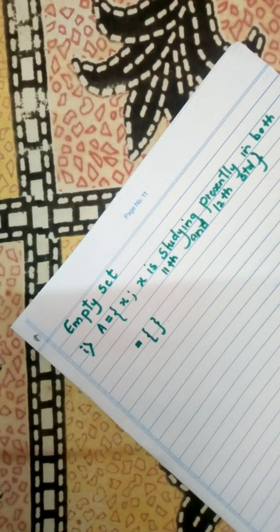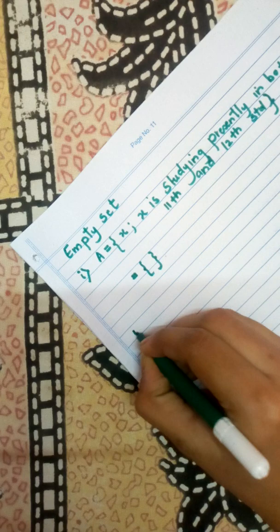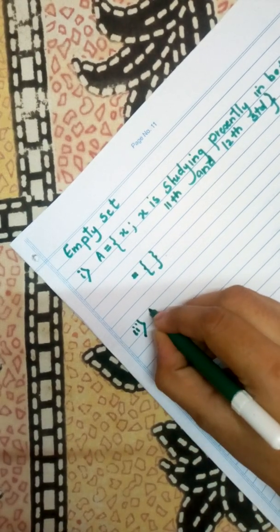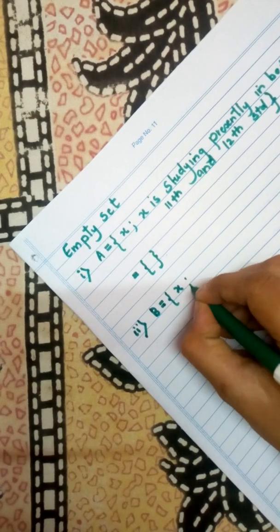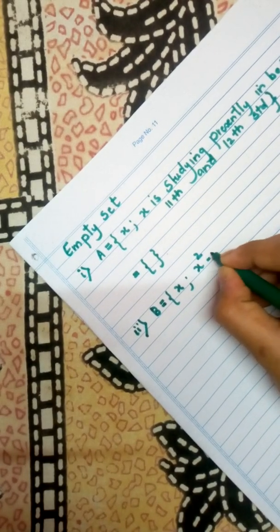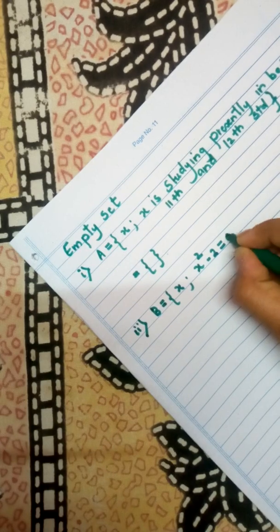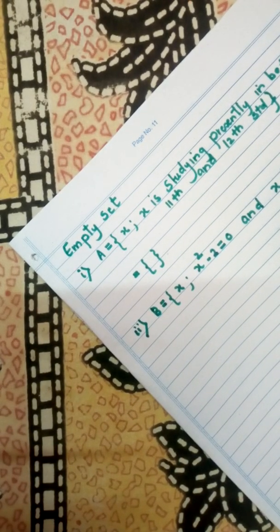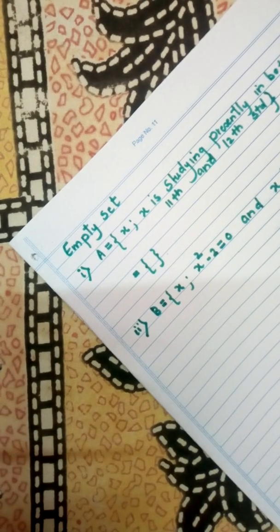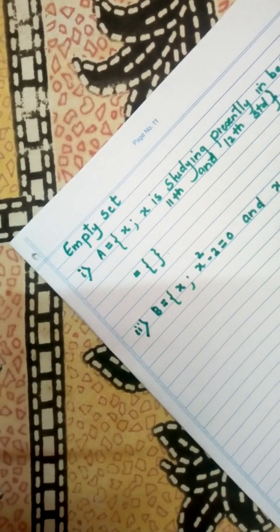Another example, the second one, B equal to {x such that x squared minus 2 equal to 0 and x is a rational number}.